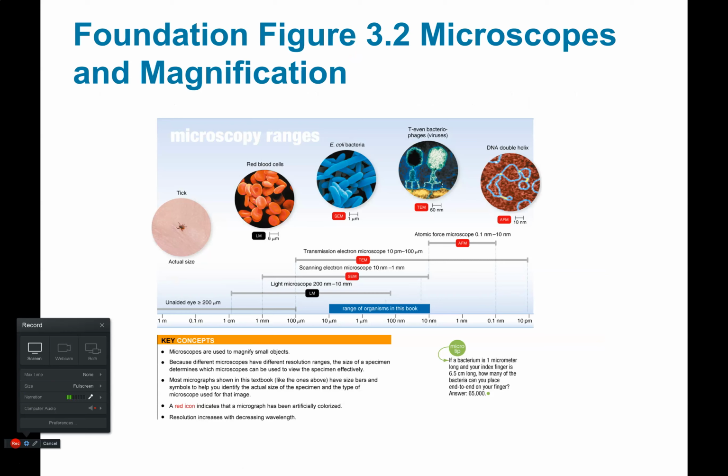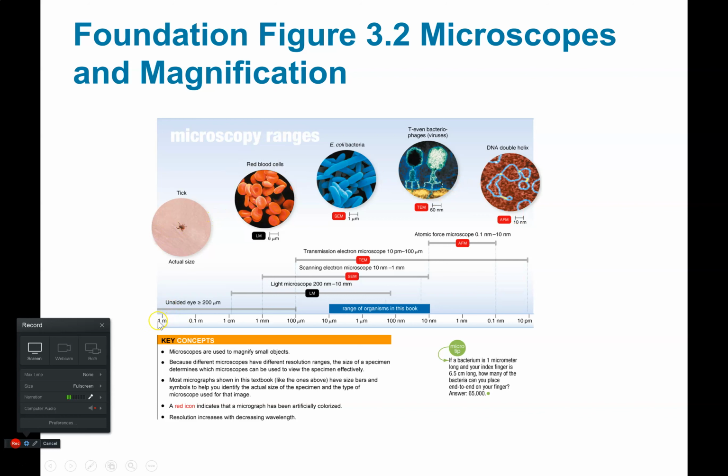Before we get into the different types of microscopes, it's important to note the different sizes of organisms and know what the capabilities of the different types of microscopes are. This diagram is showing you a tick, starting here on the left with the larger size and then going down to small.